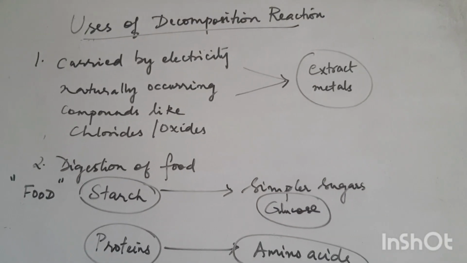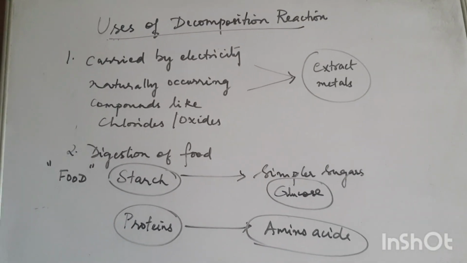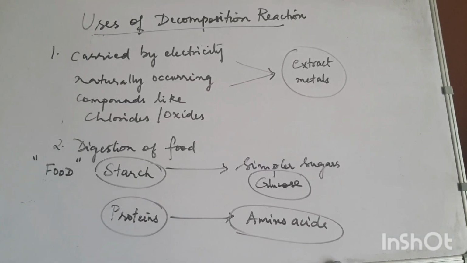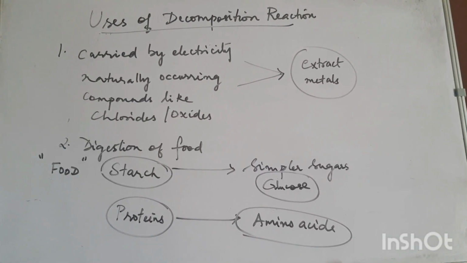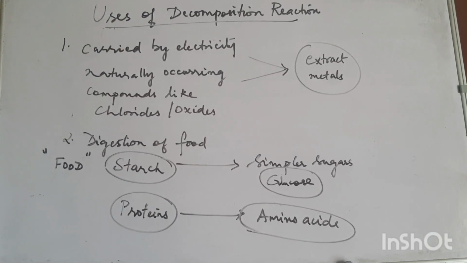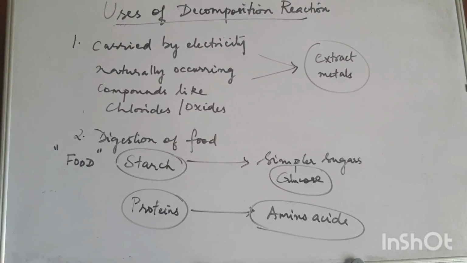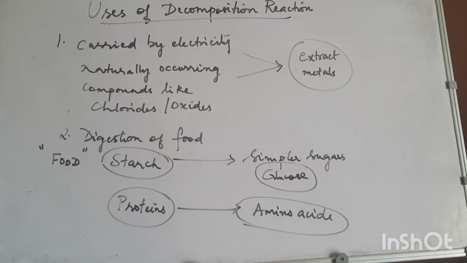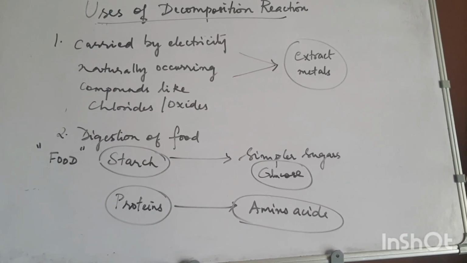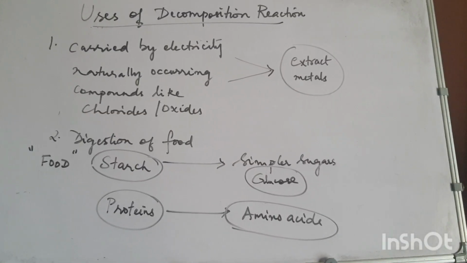So here I have written two uses of decomposition reaction: the extraction of metals from naturally occurring compounds like chlorides and oxides, and number two, you get glucose and amino acids during the digestion of food, which is a decomposition reaction, that is starch is converted to glucose and proteins are converted to amino acids.